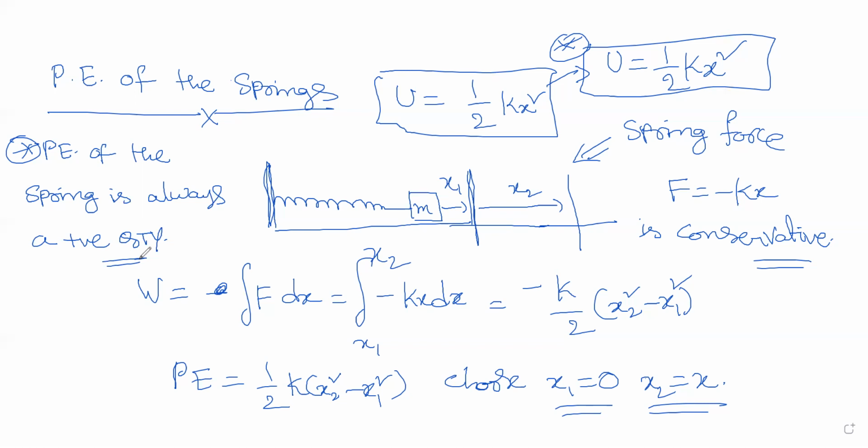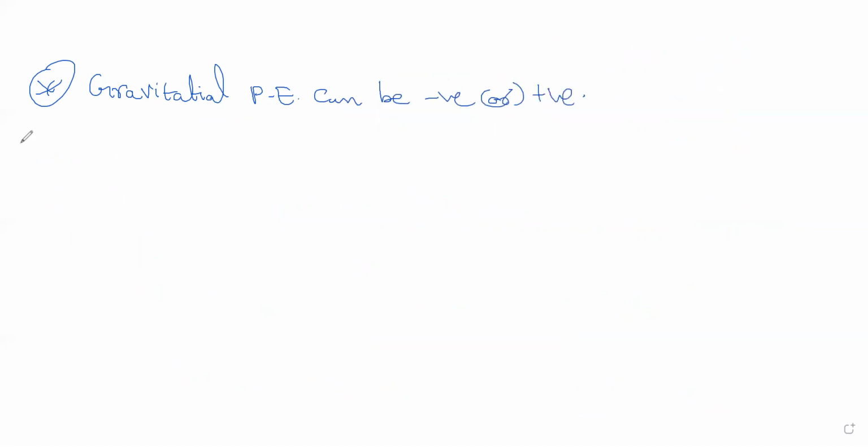Yes, sir. Finished. Good. Now, after this, another important point: gravitational potential energy can be negative or positive. Based on this, a question can come. Potential energy of a spring is always positive.